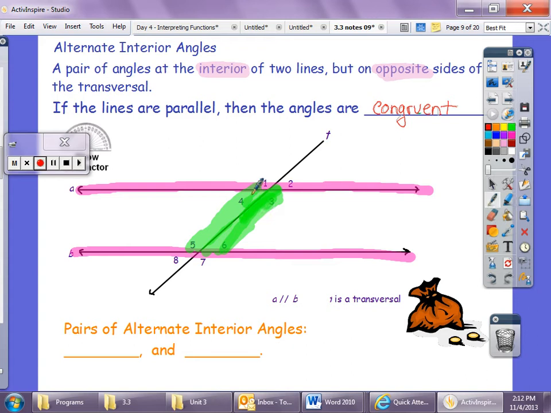Well, angle 4 and angle 6 are alternate interior, which leaves us with angles 3 and 5. So angle 3 and angle 5 are also alternate interior. So they're on the inside and opposite. These guys are opposite of each other, and so are 4 and 6.